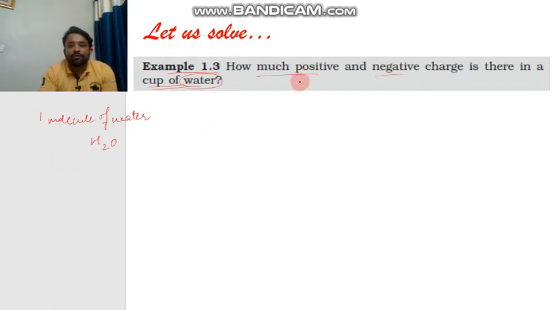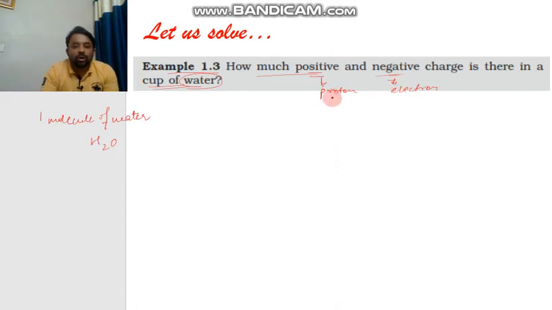We have been asked how much positive and negative charge. We know that positive charge is carried by protons and negative charge is carried by electrons. So if we can calculate the number of protons and electrons in a cup of water, then our question is solved. So our first priority is to find out the number of protons and electrons in 1 cup of water.